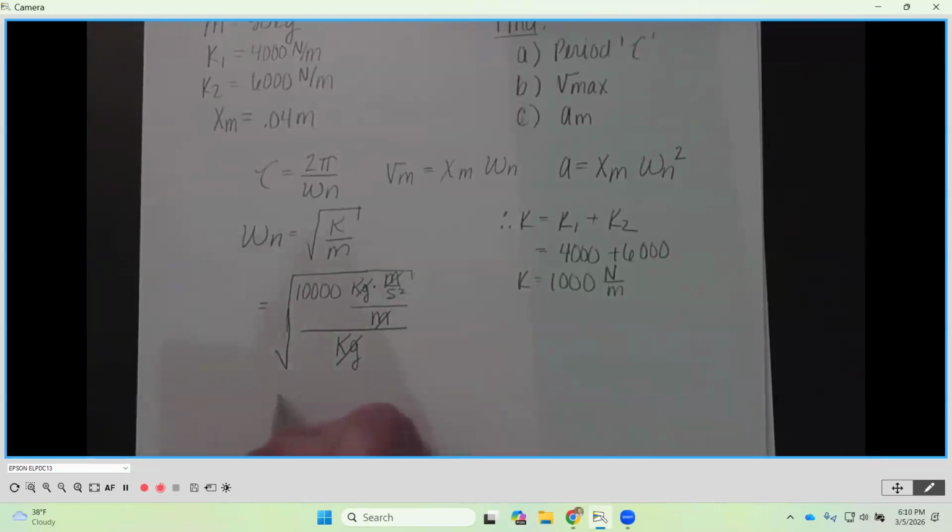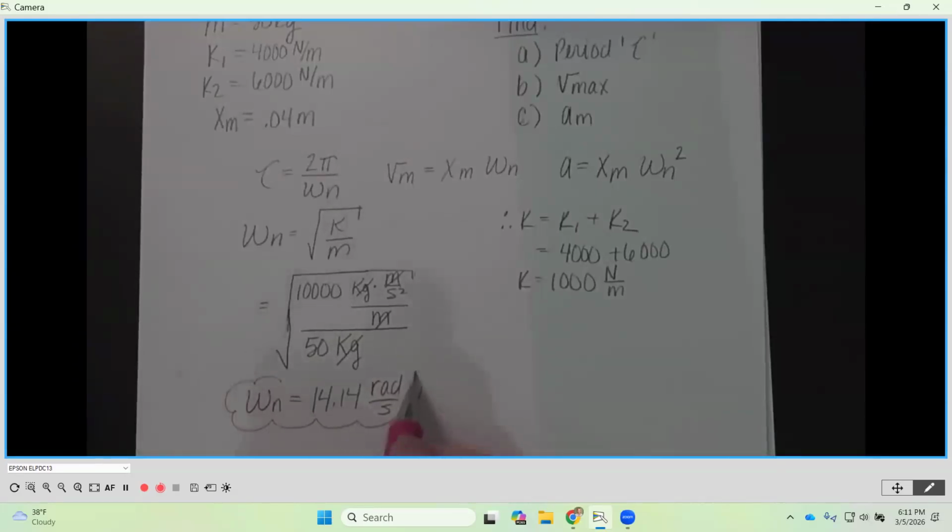Okay, so our number, what do you get for the number for your natural circular frequency? Oh, I should put 50 underneath here. 14.14. Yep, Tyler, I got that very same thing. So 14.14 radians per second.